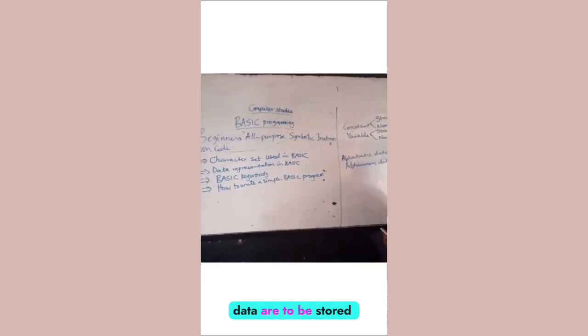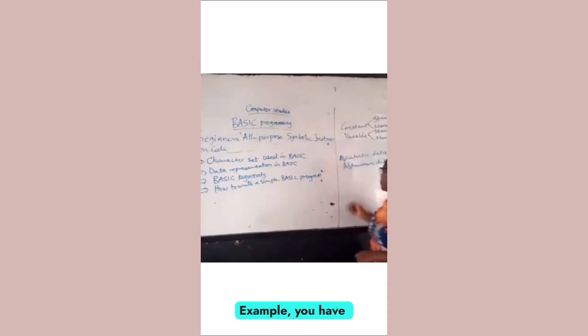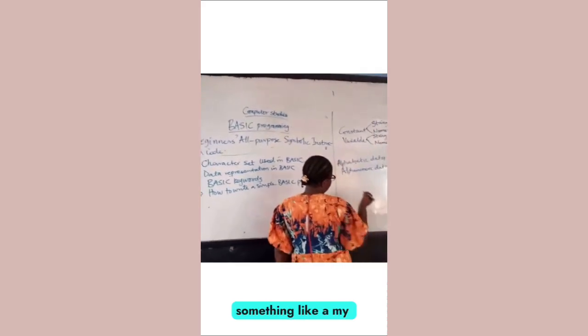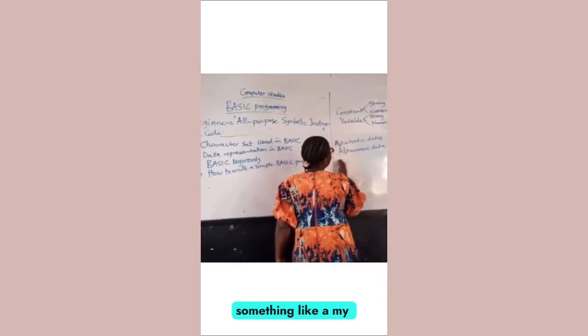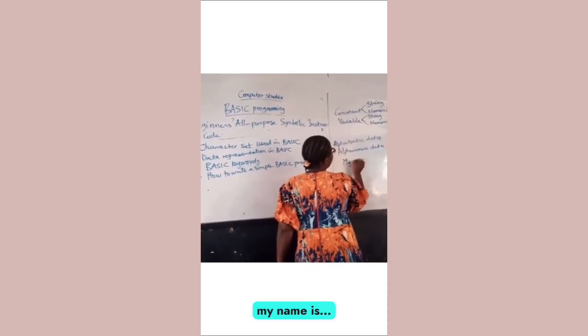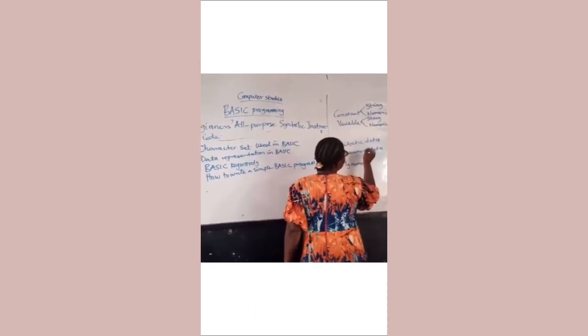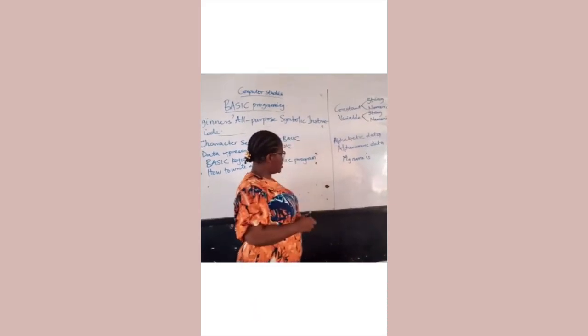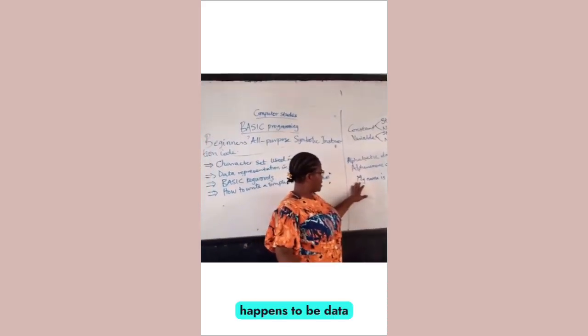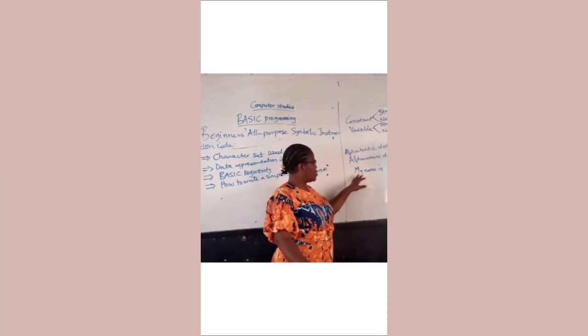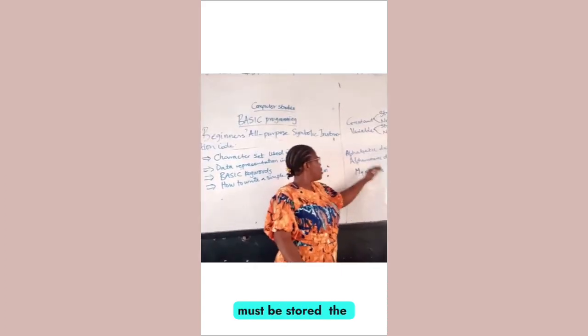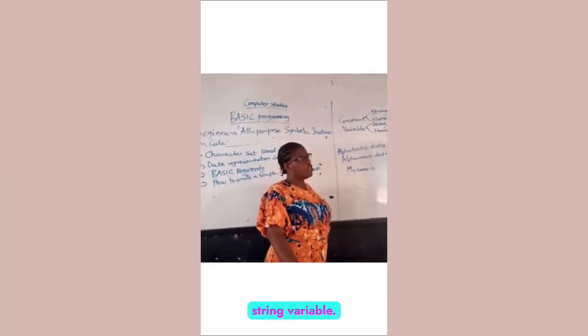These two types of data are to be stored in string variable or string constant. Example, you have something like "my name is." Now you can see that "my name is" happens to be data that consists only of alphabet. So this type of data must be stored in string variable.